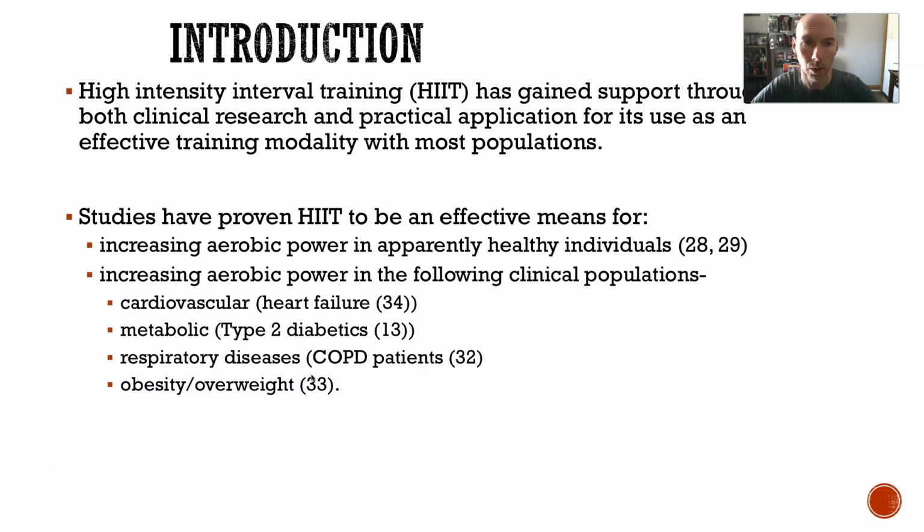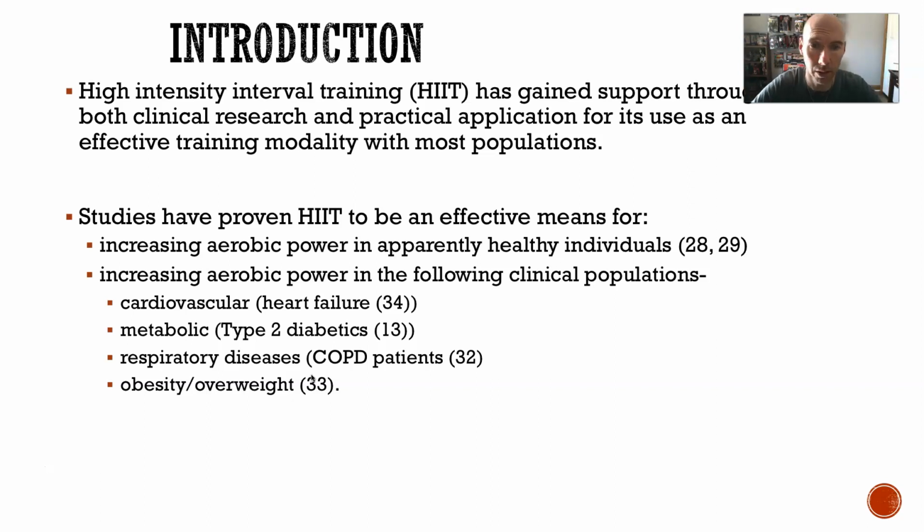High intensity interval training is a newer type of training that uses high intensity bouts of work with short bouts of rest, and those are done over and over again in order to accomplish a given amount of training time.